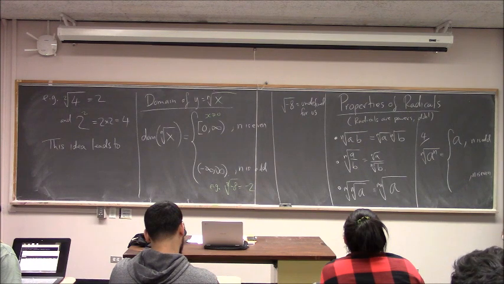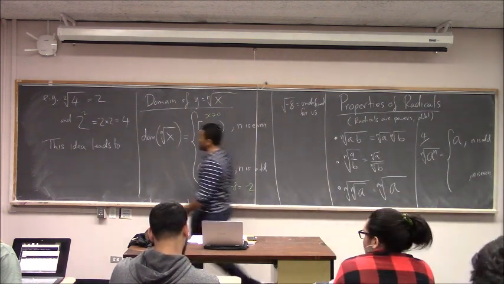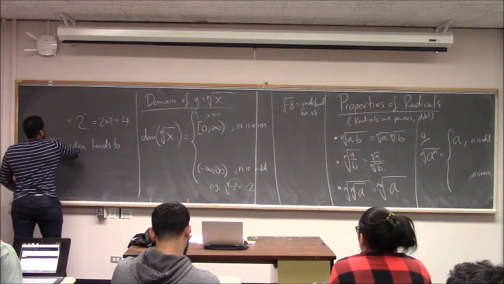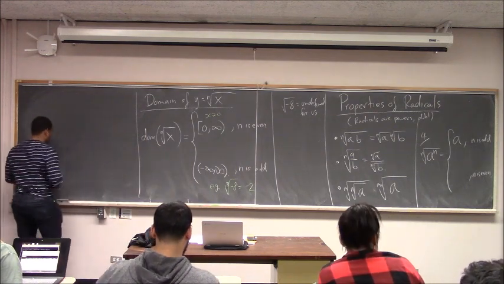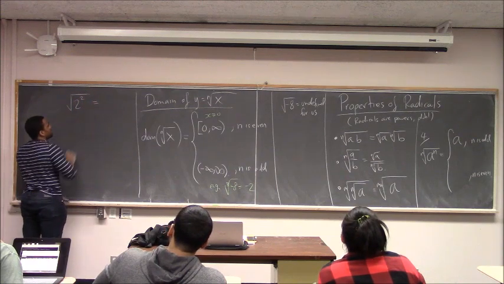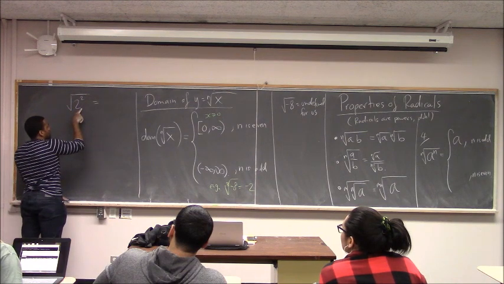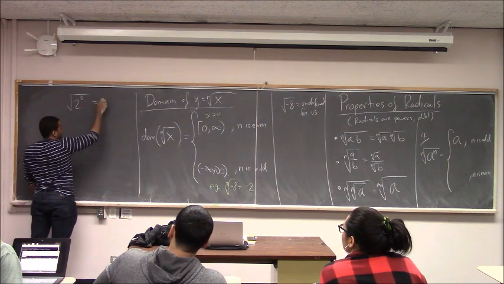Well, let's think about it. Let's choose an even example. Like the square root of 2 squared is what? So 2 squared is 4. Take the square root of that, and you get 2.